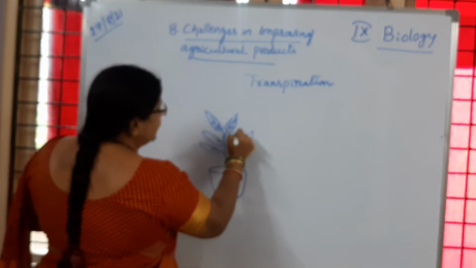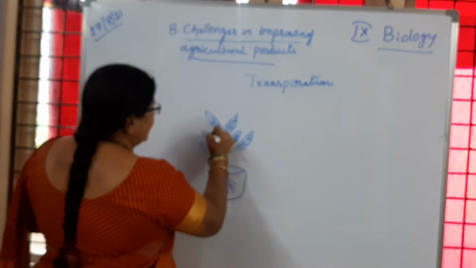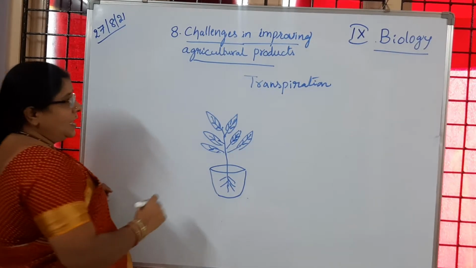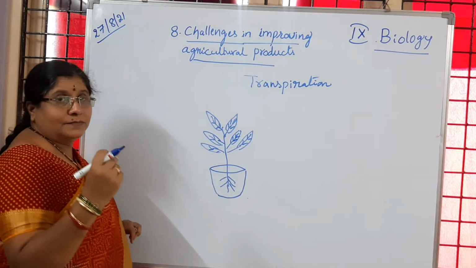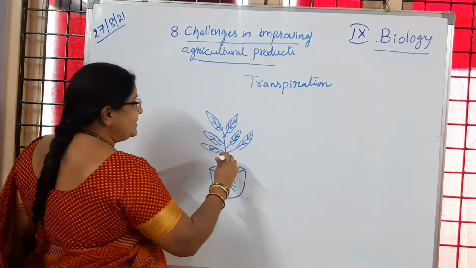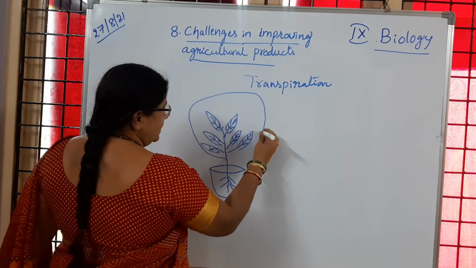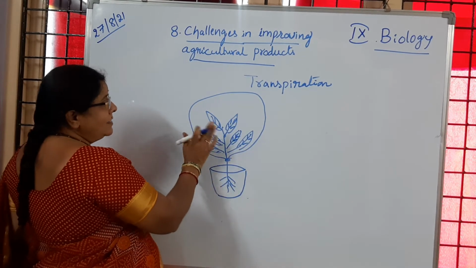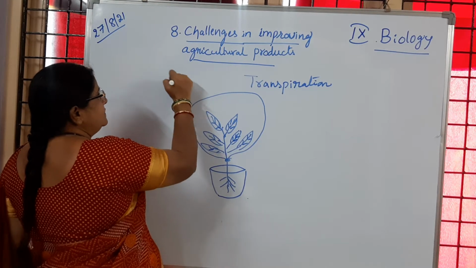We have to observe whether the droplets of water are produced or not. For that, what we have to do? We have selected a potted plant, and to this potted plant we have to take a polythene cover. That polythene cover we have to put over the leaves and tie it here, and we have to keep this in the sunlight.